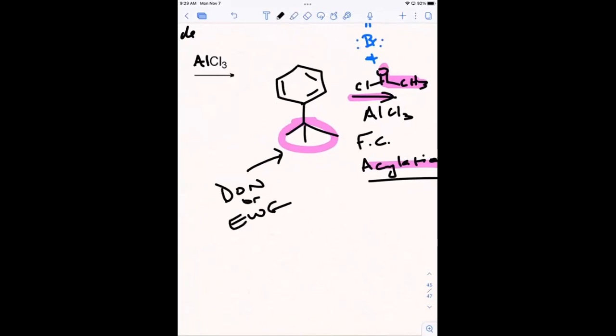That's the first question you have to ask before you can think about what the product is going to look like, because if that ring is substituted, that's going to dictate the outcome. So is the alkyl group a donor or an acceptor? Do you think it's electron rich or electron poor?